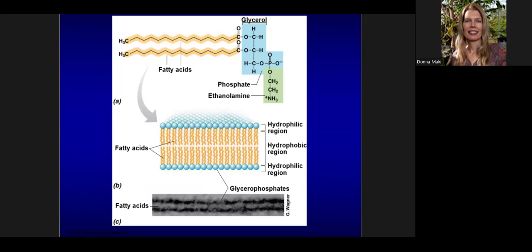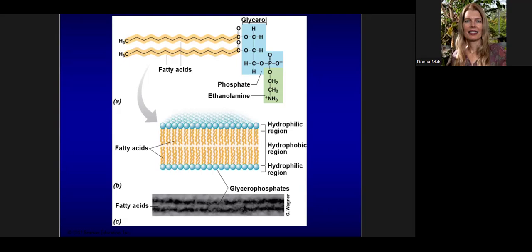And then if you think about a cell membrane, what we have is this bilayer lipid membrane, which is being shown here in figure B, where you have the hydrophilic portion, color coded blue, the blue balls here, that likes to interact with water. The fatty acid tails do not like to interact with water because they're hydrophobic.